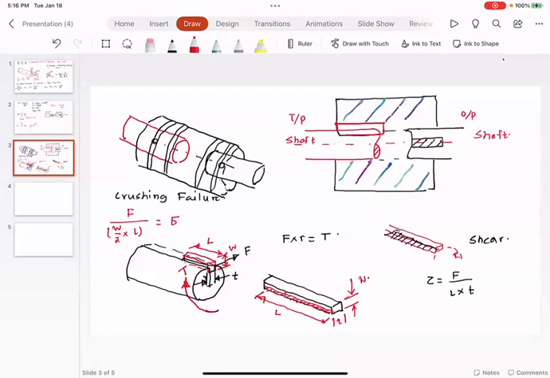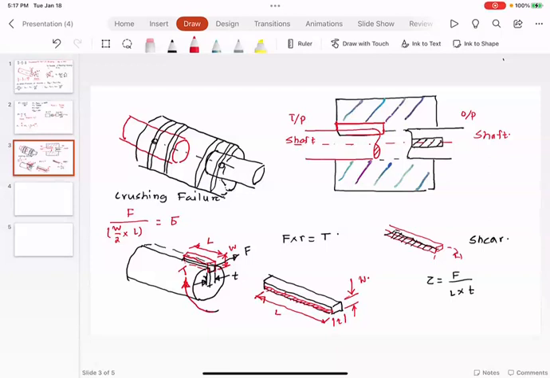You don't just place those keys in. There are tolerances just to make sure that those keys are sort of an interference fit. So basically, you hammer those in. So what you will have is, the length of the coupling will be 2 times the length of the key plus some clearance. Everyone understood this?